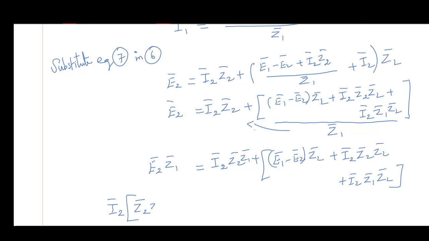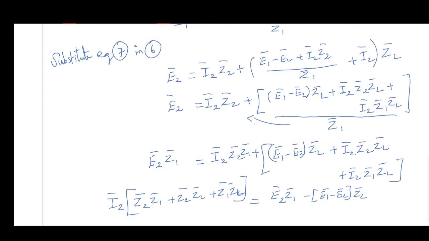So Z2 Z1 vector plus Z2 ZL vector plus Z1 ZL vector, which is equal to E2 vector Z1 vector minus E1 vector minus E2 vector into ZL vector.